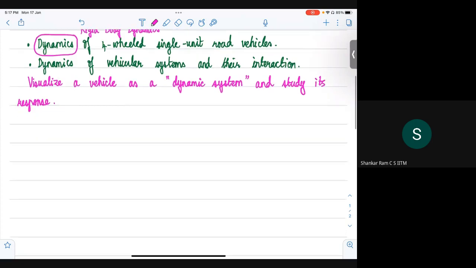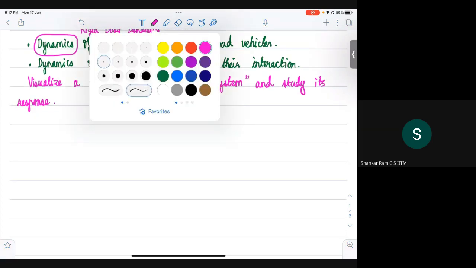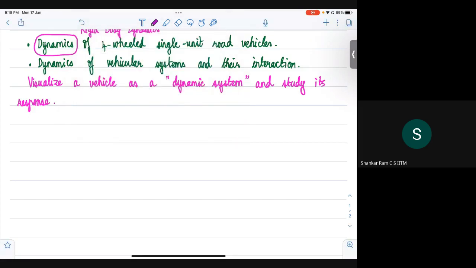All right. What I am going to do as part of this course is the following. I'm going to broadly divide it into 5 modules, and I'll be discussing each one of them. The first module is to discuss related concepts of dynamic systems.